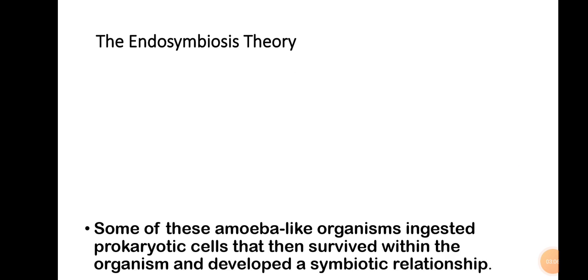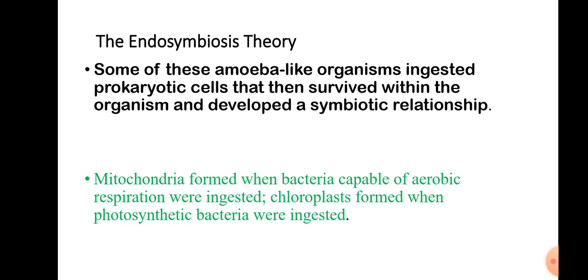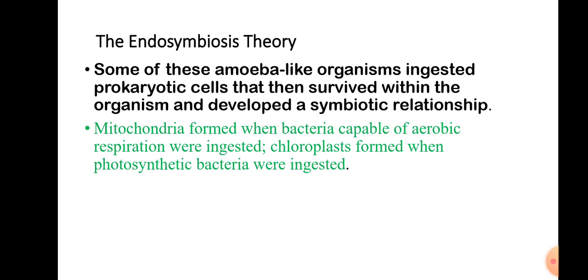Now let me look at the endosymbiotic theory. Some of these amoebas ingested prokaryotes that survived within the organisms and developed a symbiotic relationship. Mitochondria formed when bacteria capable of aerobic respiration were ingested.